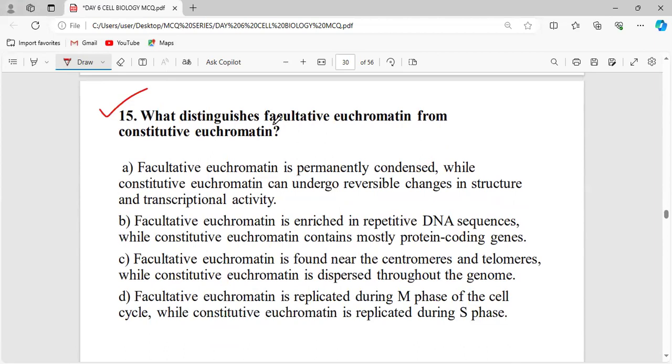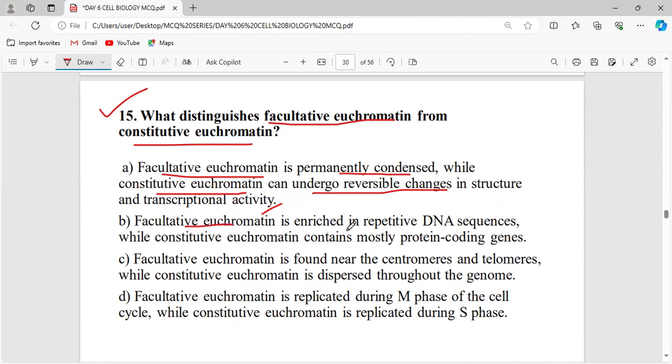And what distinguishes facultative heterochromatin from constitutive heterochromatin? Again, the same question as for heterochromatin. Facultative euchromatin is permanently condensed, while constitutive euchromatin can undergo reversible changes in structure and transcriptional activity.